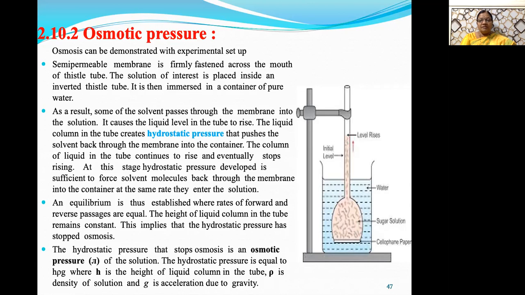When this rate becomes equal to the rate of reverse passage, that is, the rate of passage of solvent molecules from the solution side into the solvent side, because hydrostatic pressure pushes these solvent molecules back into the surrounding container of pure solvent water through this semi-permeable membrane, equilibrium is established.